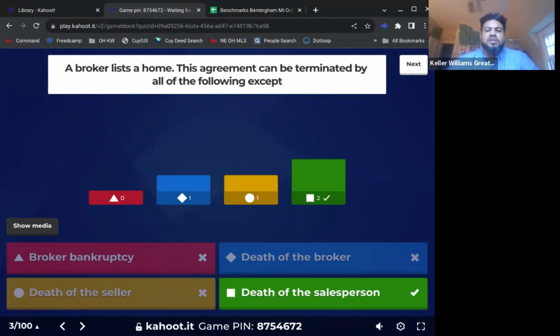You're looking at it saying this agreement can be terminated, but then you forget the except part. So all of those things except the death of a salesperson, because salespeople are not part of the agreement. It is between the seller and the broker. So the broker and the seller are the only two people in the agreement. Even though you may have signed the agreement, you are signing on behalf of the brokerage. So death of a salesperson would not count.